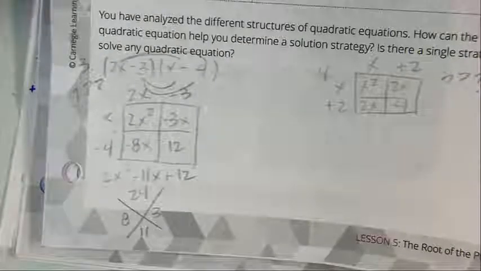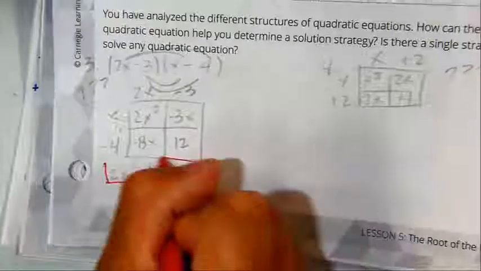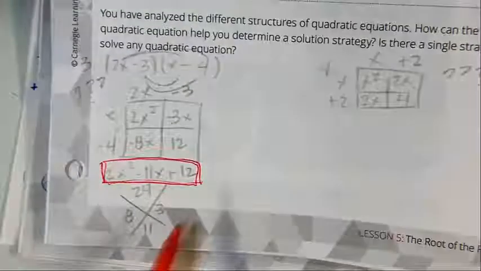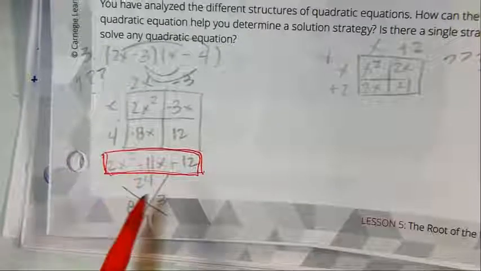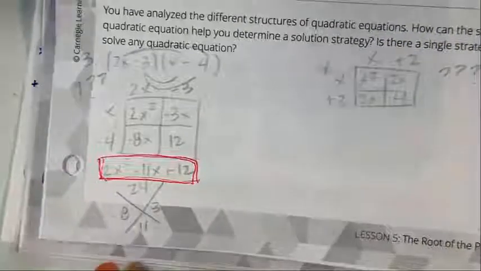As someone pointed out, maybe if they box their answer it might be helpful. Brendan, I have a question. What do you think the student was trying to do here? Yes, they were trying to factor to check their answer, which I thought was a good idea. Brendan, what do you think the mistake is here?